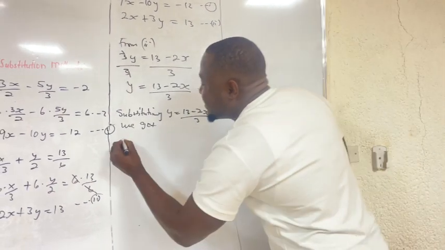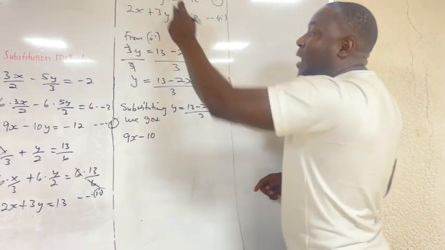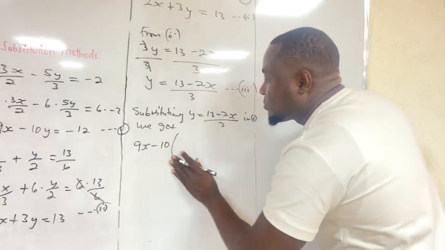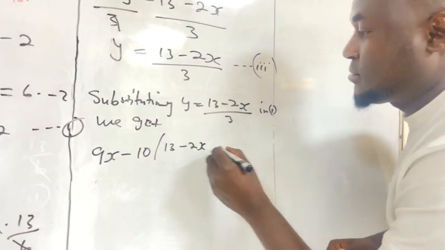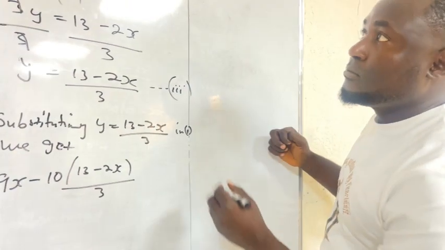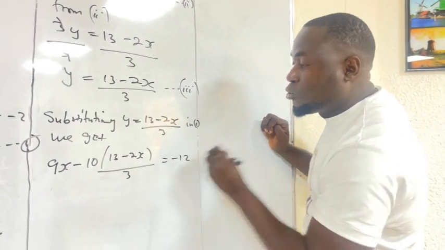Equation 1 is 9x minus 10. But we are not going to write the y, because we use the y value. And the y value is 13 minus 2x over 3, over 3 is equal to negative 12.